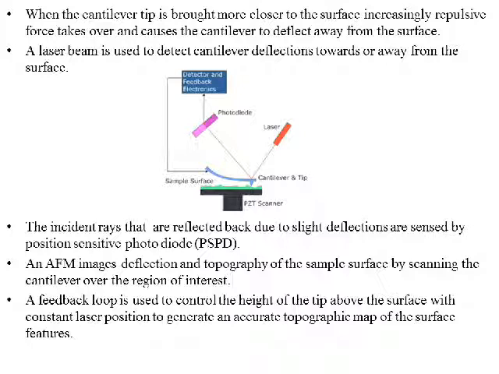Wherever the surface has higher projections, the tip of the cantilever can be moved. For this we require the laser. The feedback loop controls the height of the tip above the surface with the help of a constant laser position, so that we can generate an accurate topographic map of the surface features.